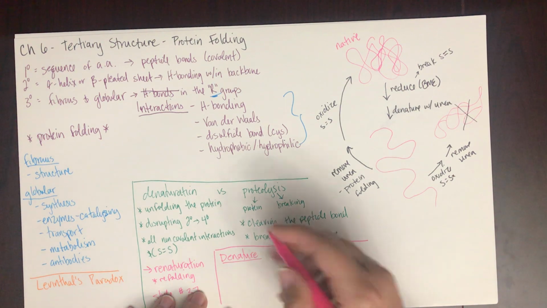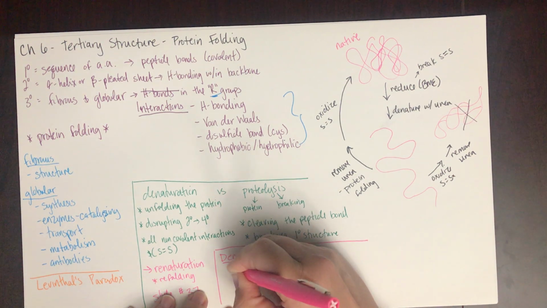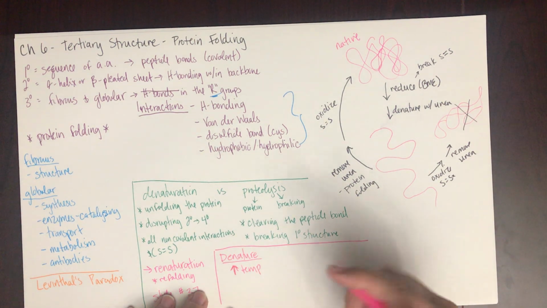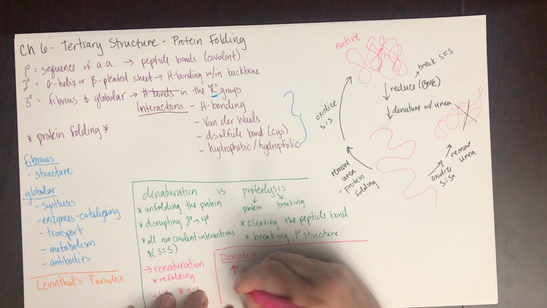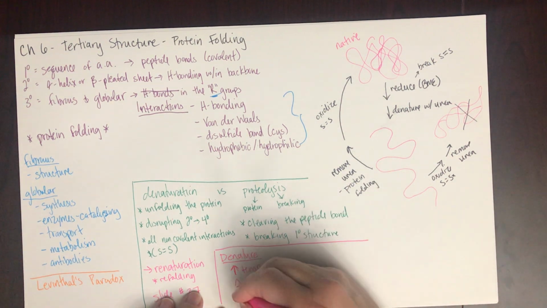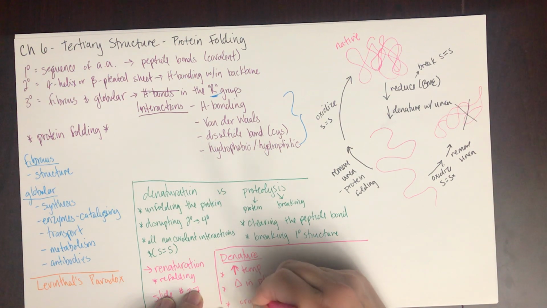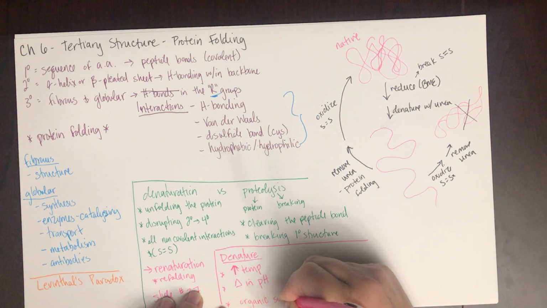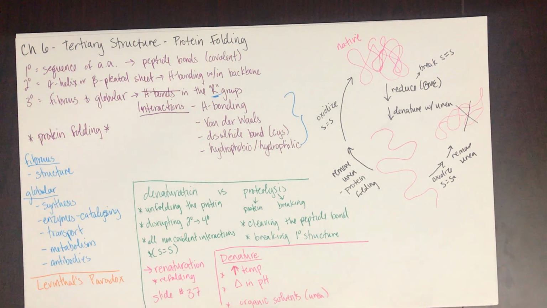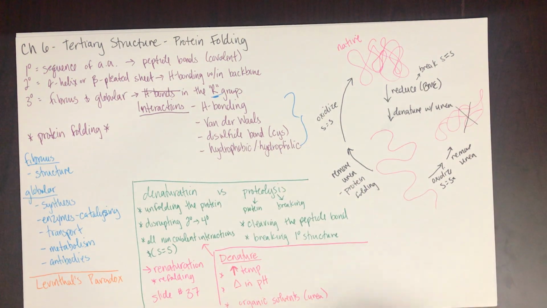Denaturing conditions include increased temperature, change in pH, very acidic or very basic, or organic solvents like urea, for example, in the example that we just did. So that's how you denature a protein.